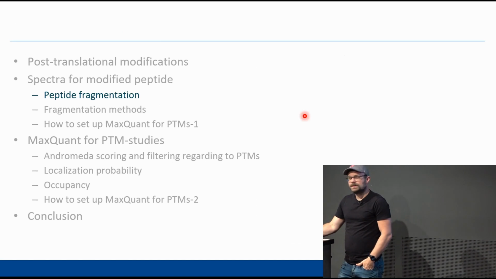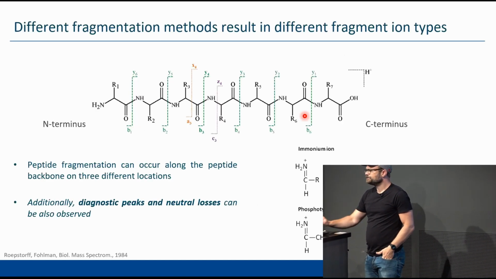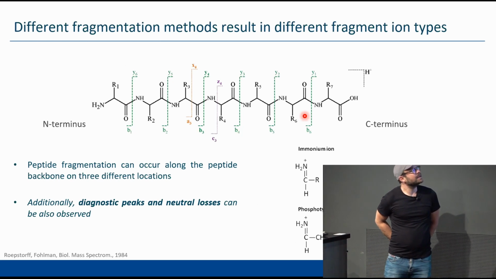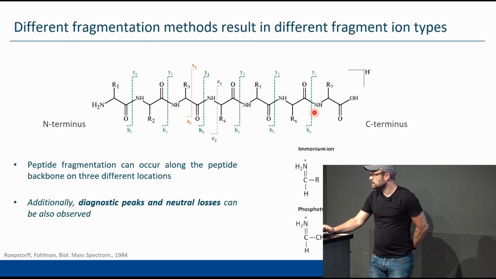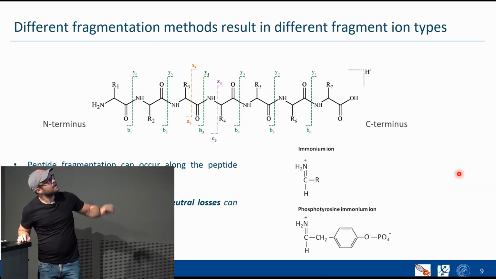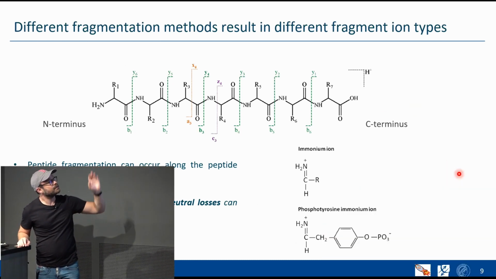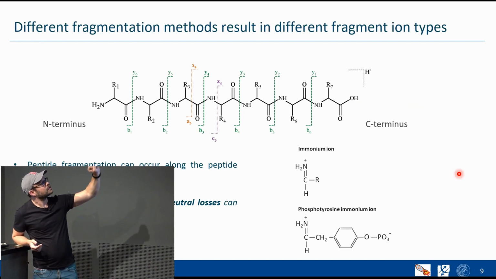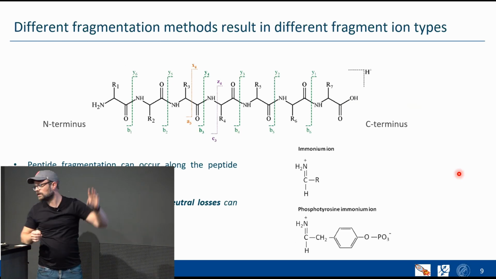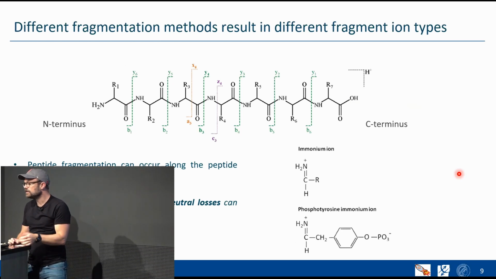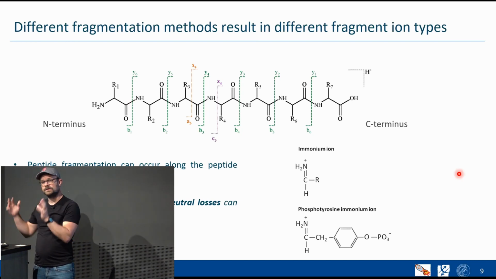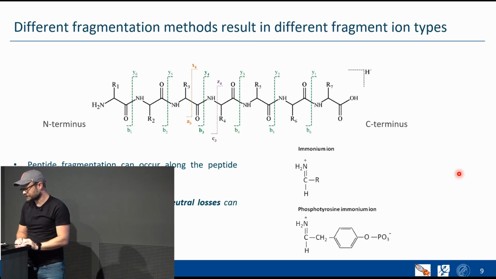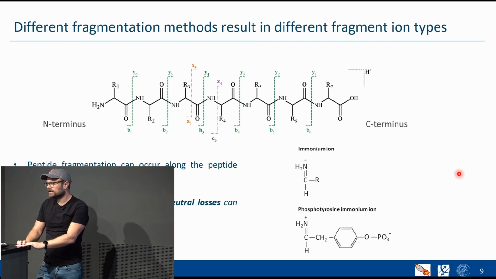Okay, but what about the fragmentations? Here we have another peptide, and fragmentation usually is along the peptide backbone. The ions which contain the N terminus are called A, B, or C. If the charge is retained on the C terminal, the ion type is X, Y, Z. That we all know.